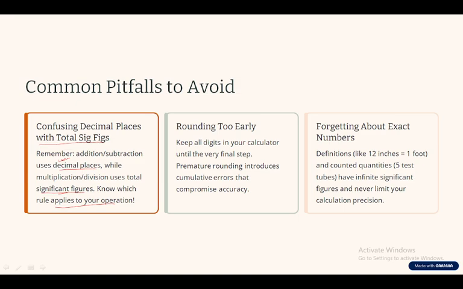Rounding too early. Keep all digits in your calculator until the very final step. Premature rounding introduces cumulative errors that compromise accuracy. Forgetting about exact numbers. Definitions like 12 inches equals 1 foot, and counted quantities like 5 test tubes, have infinite significant figures and never limit your calculation precision.